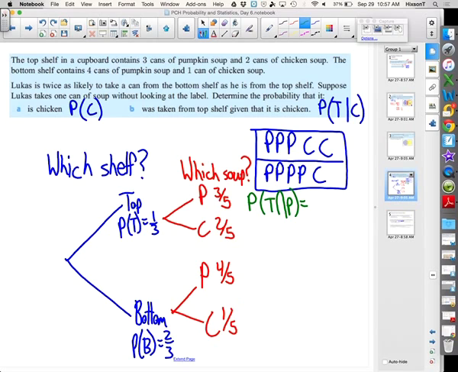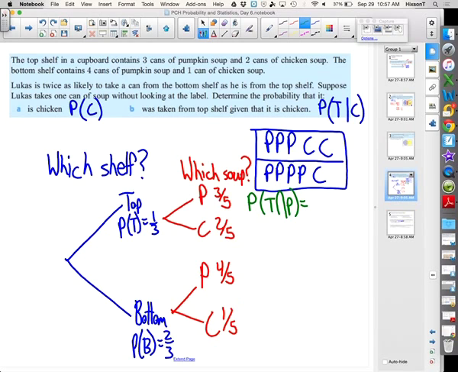And how would we find that probability? Multiply or add? We're going to multiply, okay? We have one decision followed by another. It's kind of like our fundamental counting principle, all right?